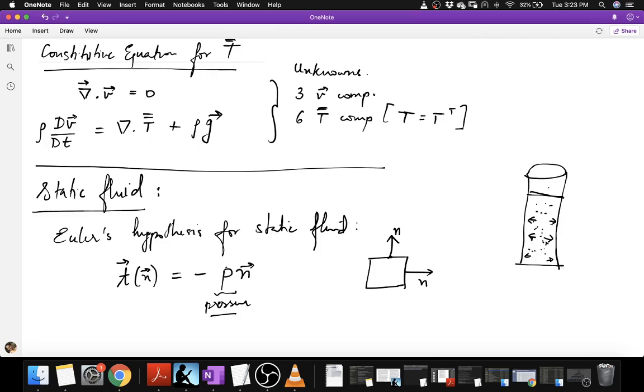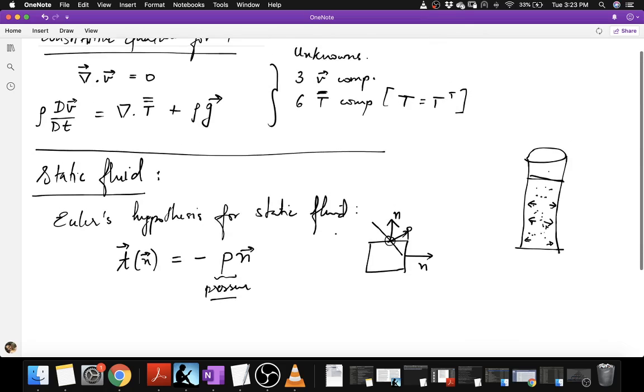So he said that the pressure could be a function of space, as it is, for example, in the cylindrical problem. But at any given point, let's say at this location, where the pressure is defined P, then regardless of the orientation of the surface, this pressure would stay the same. And the stress vector would always point in the opposite direction of the normal to that surface.